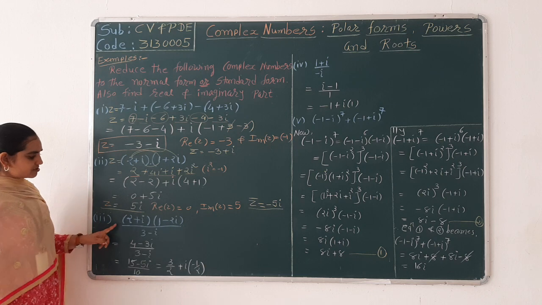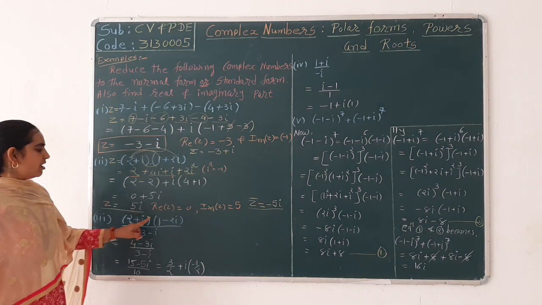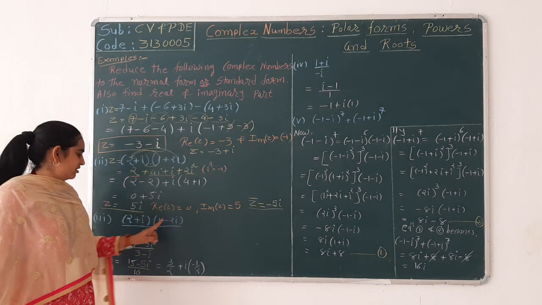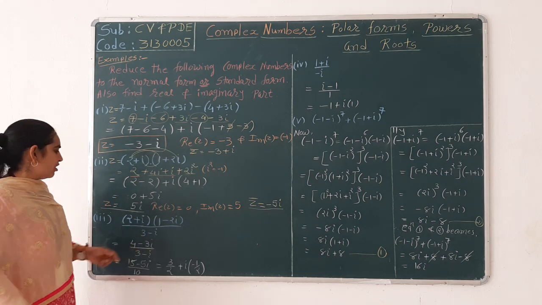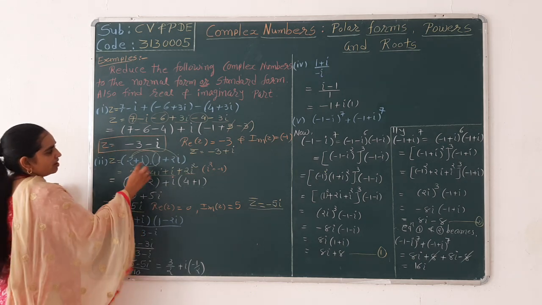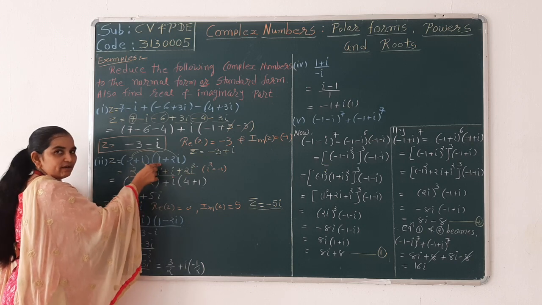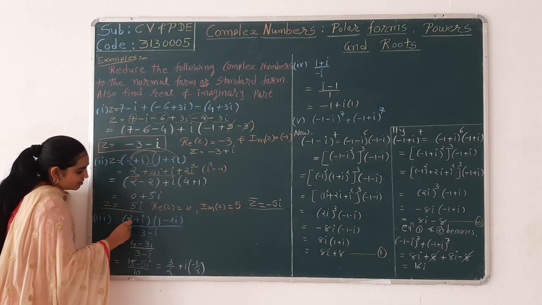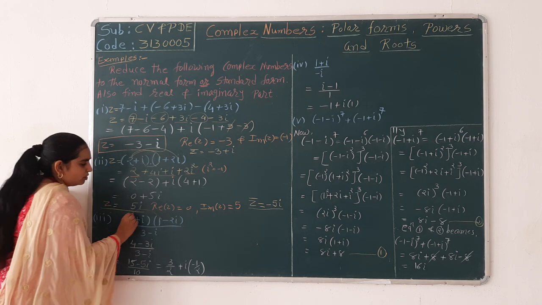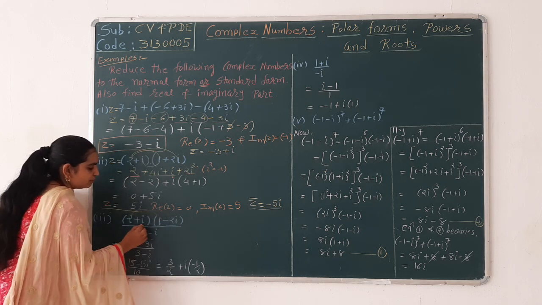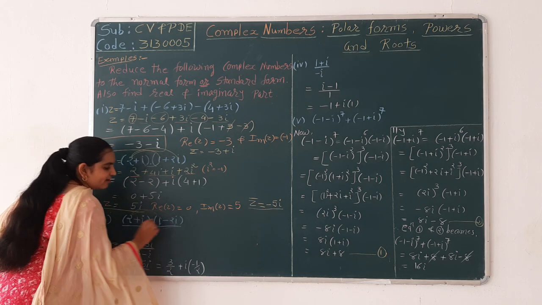Now the next example, (2 plus I) into (1 minus 2I) divided by (3 minus I). Same as before, we multiply the two brackets: 2 into 1, 2 into minus 2I, I into 1, I into minus 2I.